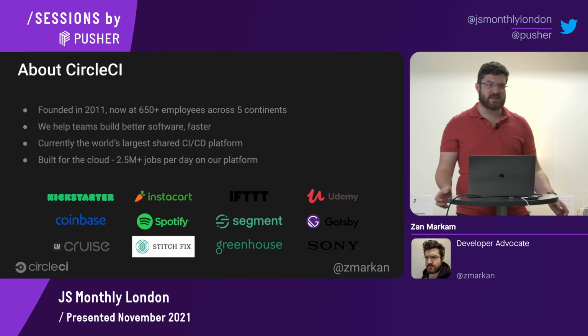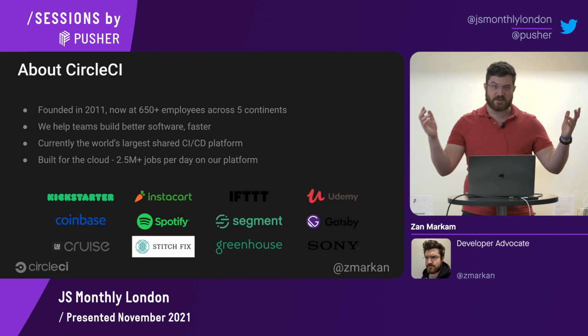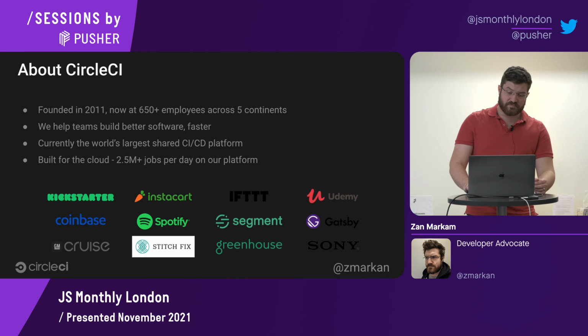In the JavaScript space, you might have heard of Angular. That's built with CircleCI, and a bunch of projects, a bunch of tools in the open source space, in other industries, and not only in the web, not only in JavaScript, but also in any other type of technology.